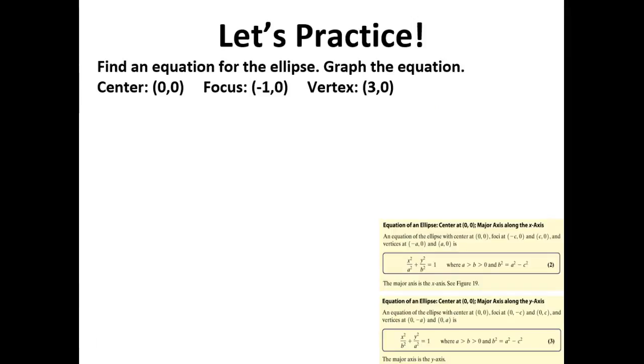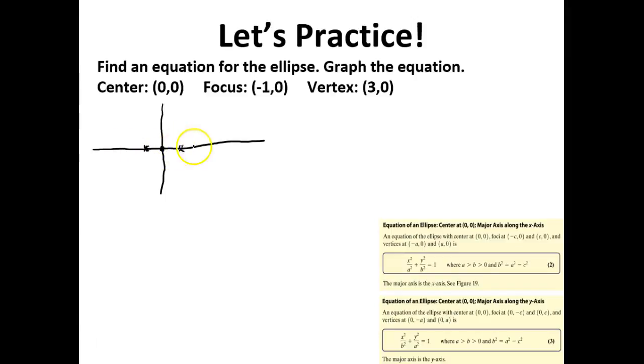Another try at this: find an equation for an ellipse. So this time we have to find an equation based off of this information. Graph the equation. I'm actually just going to graph what I have now already. The center's at 0, 0. The foci is at negative 1, 0. So there's a foci there. If there's a foci here, there has to be a foci here, so negative 1 and positive 1.